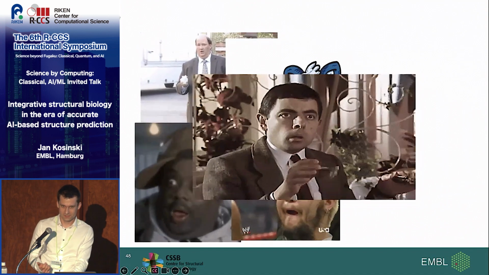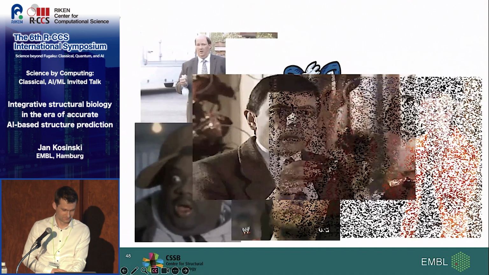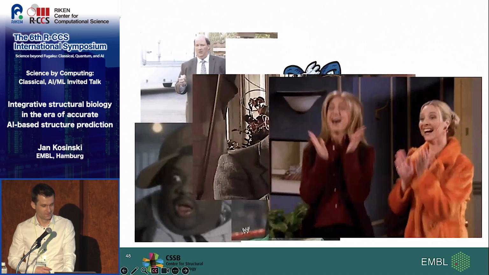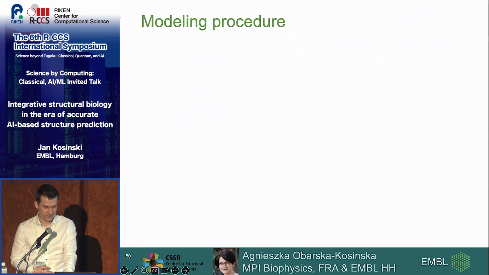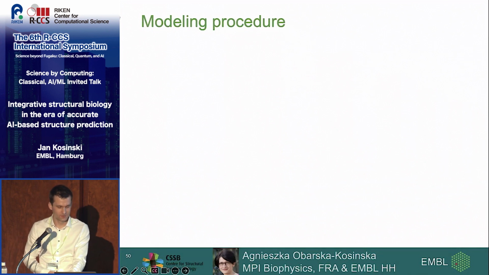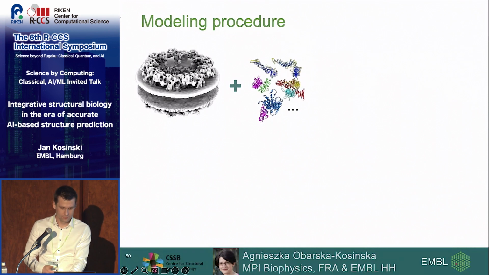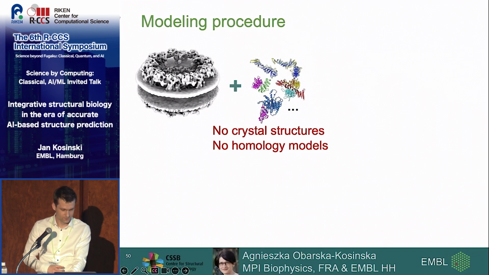And then we decided to take this constructively and actually enjoy the process, and Agnieszka bravely trashed the entire year of work on homology models and fitting and building the model, and started over with a new modeling procedure, which is now kind of a standard. Taking the map, taking the AlphaFold models of proteins and subcomplexes.